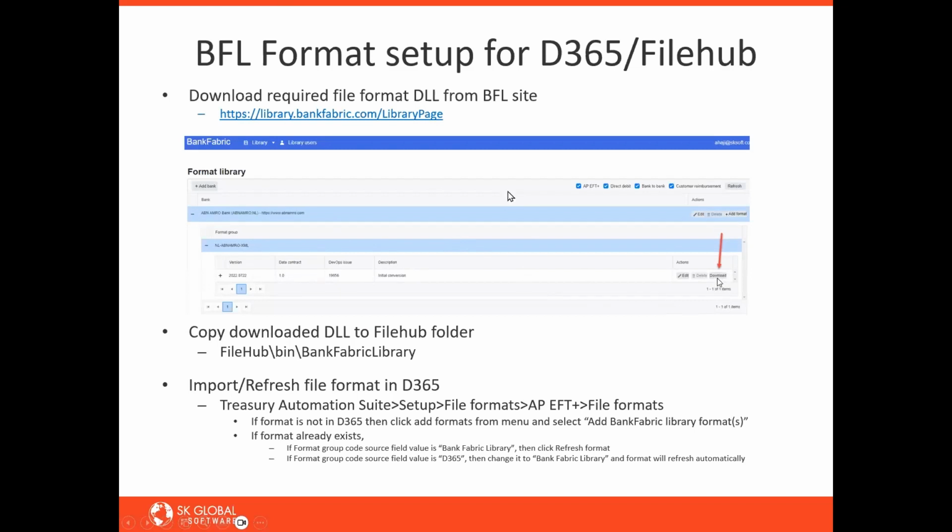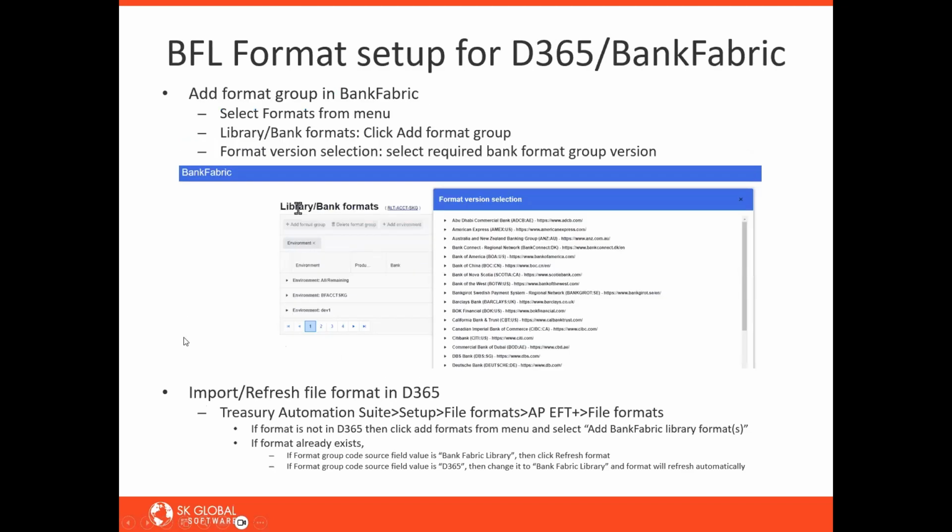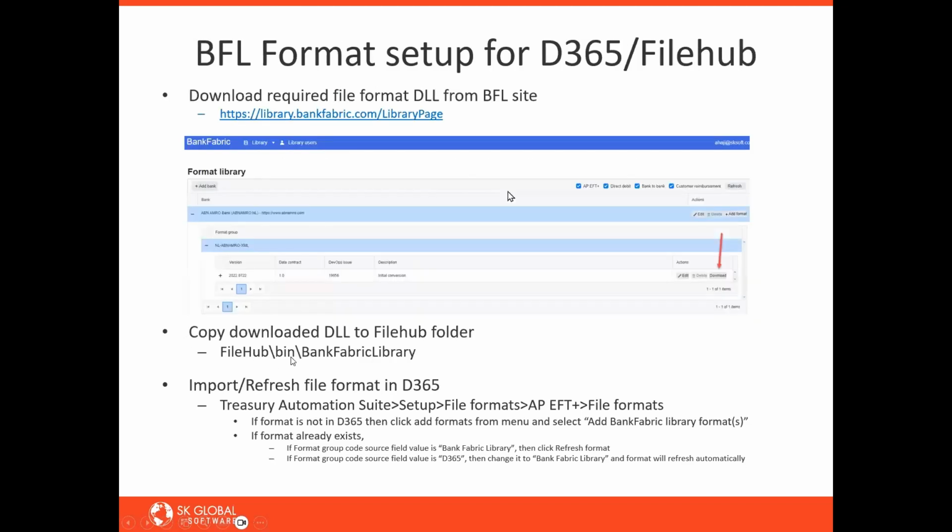You simply download that file, then you place that file in this File Hub bin BankFabric library folder on your File Hub. And then the extra step is you need to go back to the Treasury automations with file formats and change the formats to the BankFabric library formats. I will show that in a moment as well.